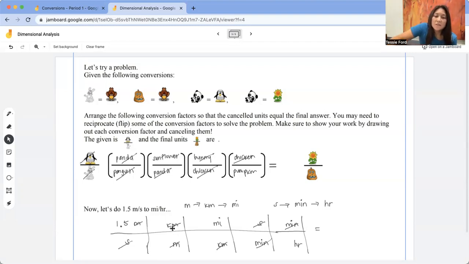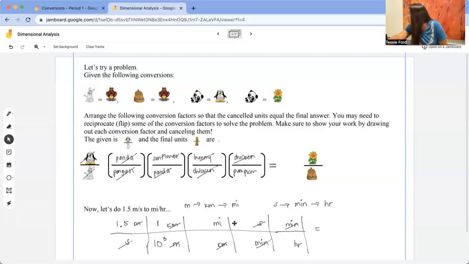So I did teach you guys, when I introduced the metric line, that 1 kilometer is 10 to the third meters. Okay, so you can put in scientific notation, or 1 kilometer is 1,000 meters if you want to put that.